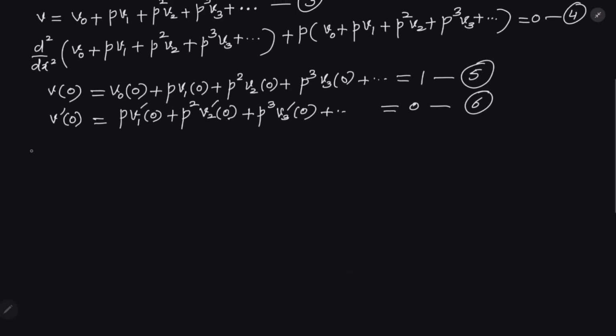First of all, we compare the coefficients of p naught. The p naught coefficient will be d square v naught by dx square. Is there any other term which is a constant term? We don't have any constant term, so this will be equal to 0.